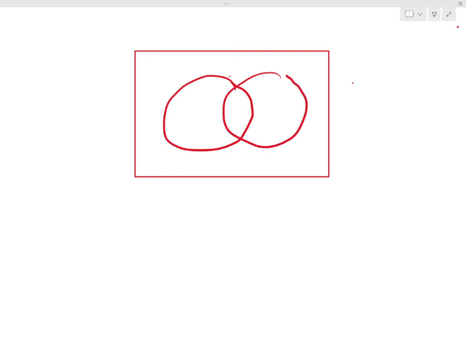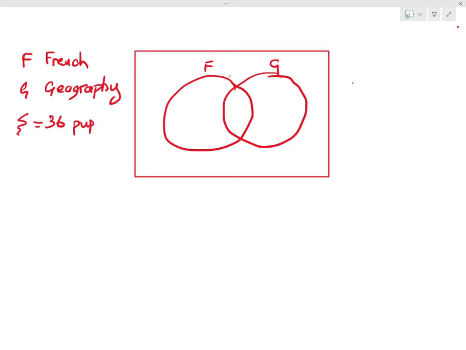Right, this one, F and G. So F is for French and G is for geography. I nearly put German there. Would have made sense, wouldn't it? And all the people in all the world with 36 pupils, we asked them what they studied or what they liked, right?